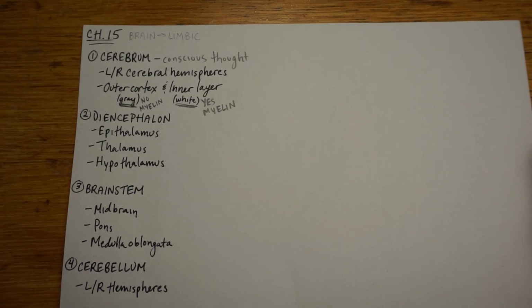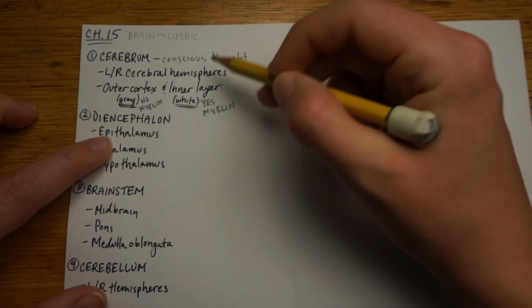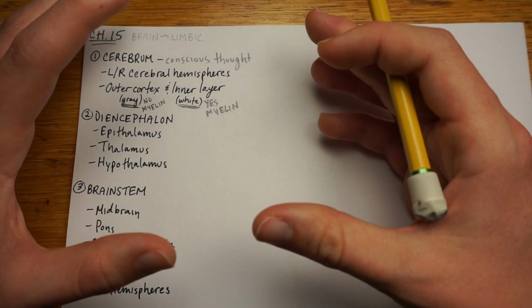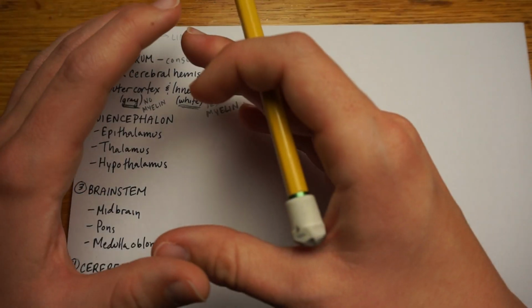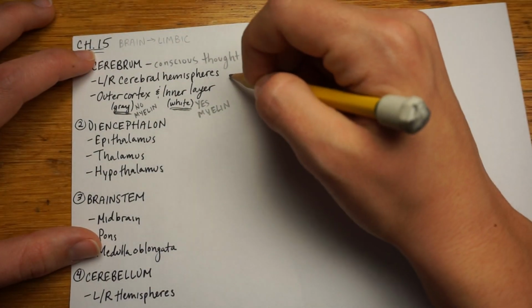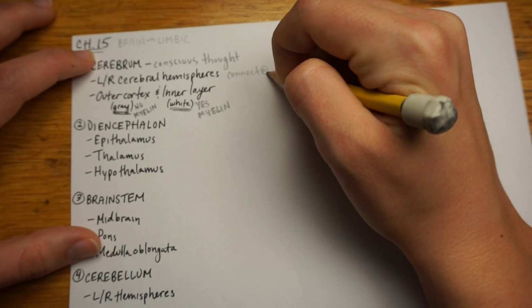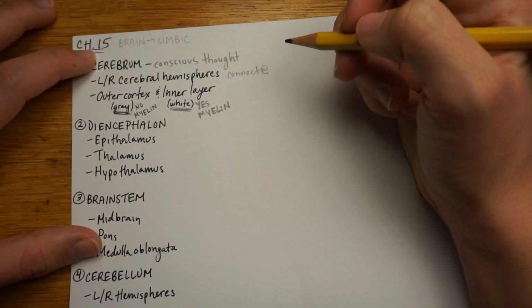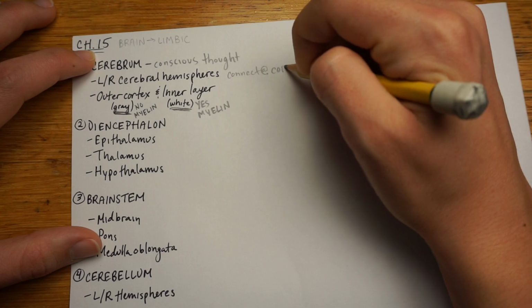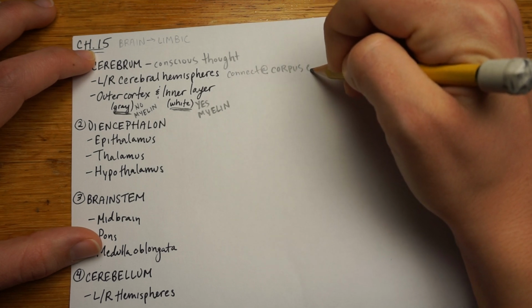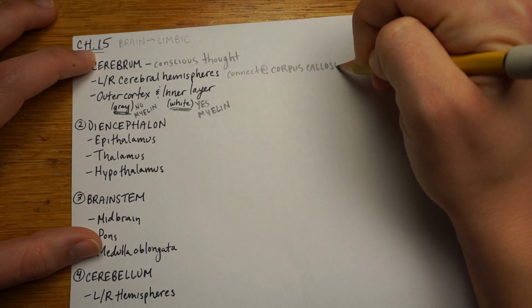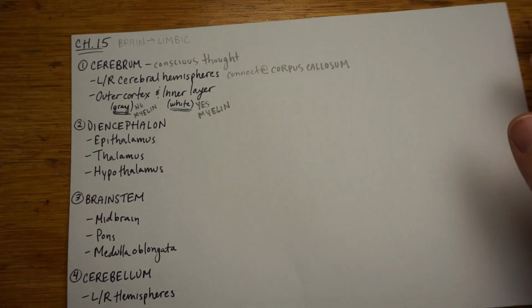But there is a point where they do connect, because you can't just have two completely different parts of the brain without them connecting at some point. So where do they connect? They connect at what's called the corpus callosum.